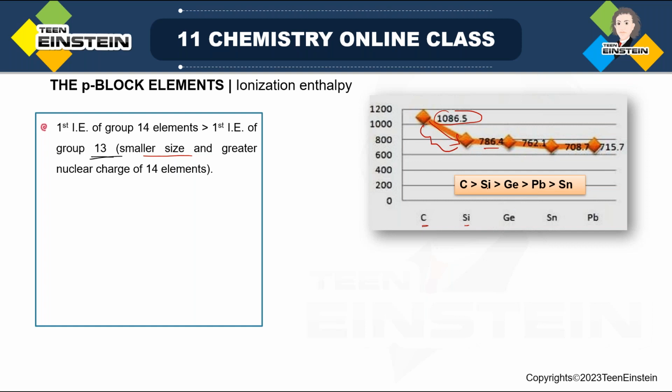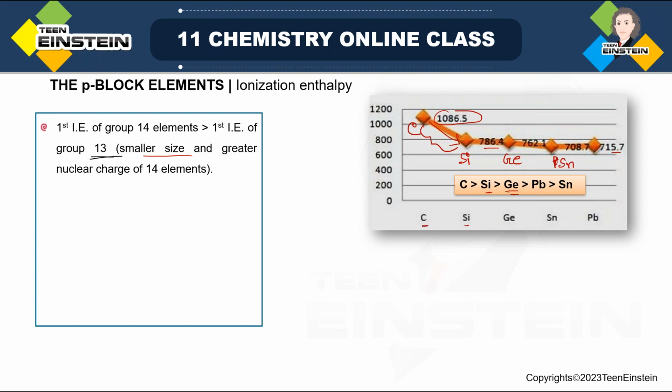So from carbon to silicon it is decreasing, then silicon to Ge, 786, 762, there is a decrease, but not so high a difference. Then from 762 to 708, this is for tin. But from tin to lead, there is a slight increase, 708 to 715, which is the discrepancy.